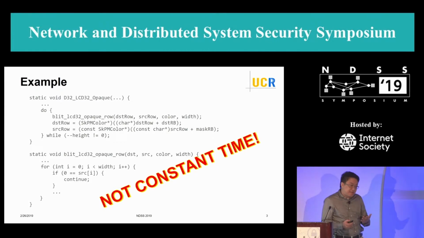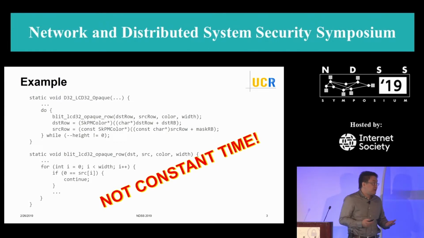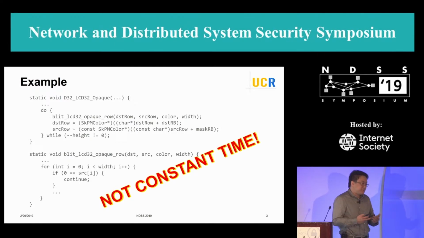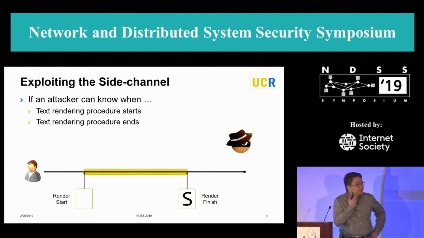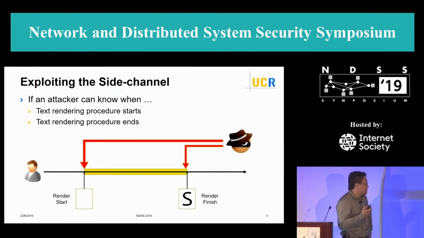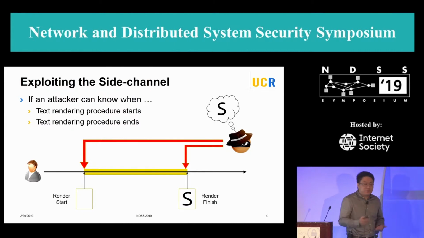Text with more pixels will take longer to render than text with fewer pixels. So this could create a potential side channel, right? If the attacker can know when the text rendering starts and when it finishes, the attacker can measure the rendering time and thus infer what key is being rendered on screen.